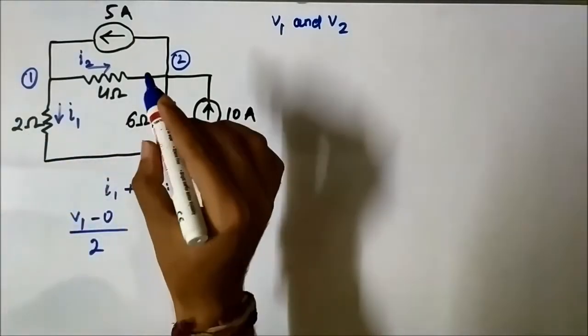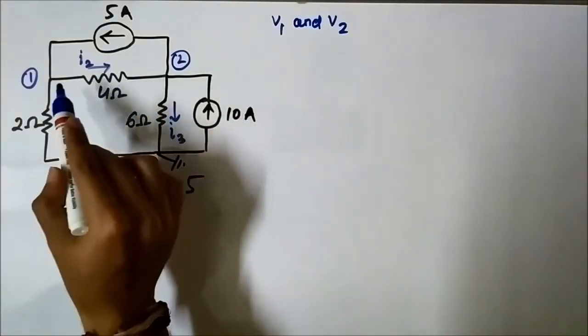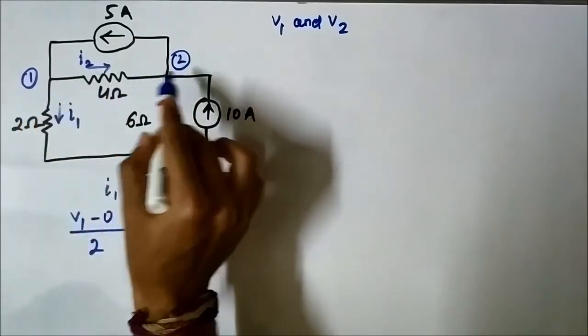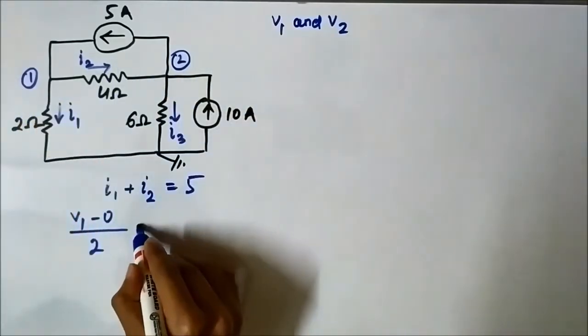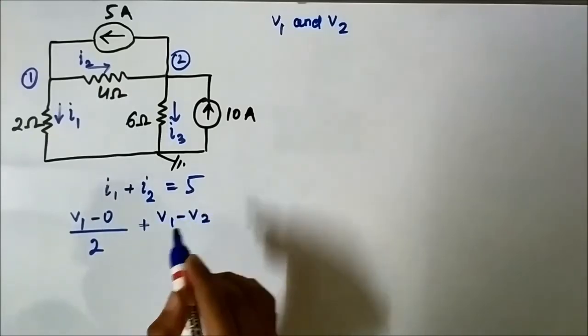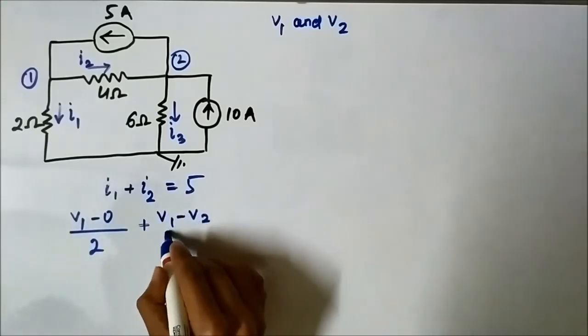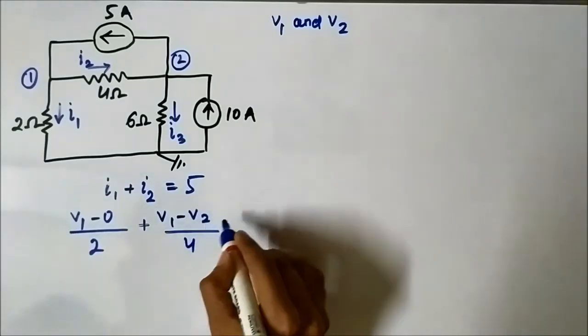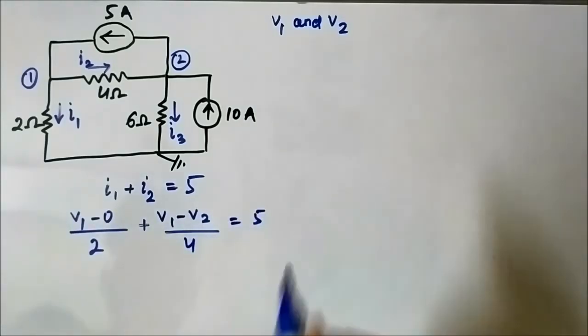Then I2 is flowing between points 1 and 2. So it is V1 minus V2 by 4, plus V1 minus V2 by 4 is equal to 5.